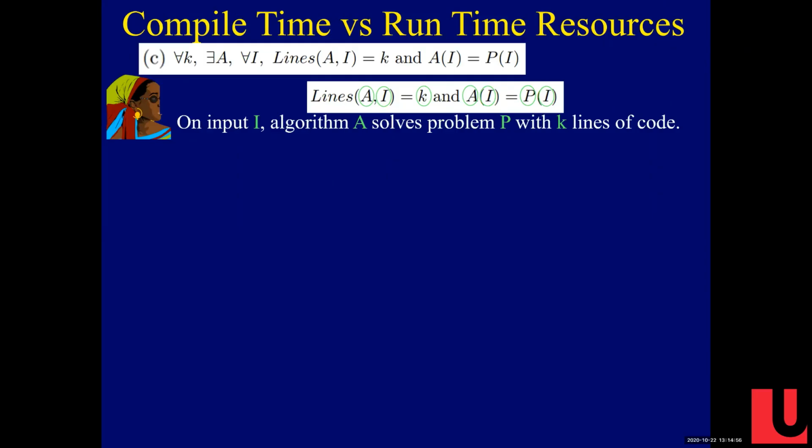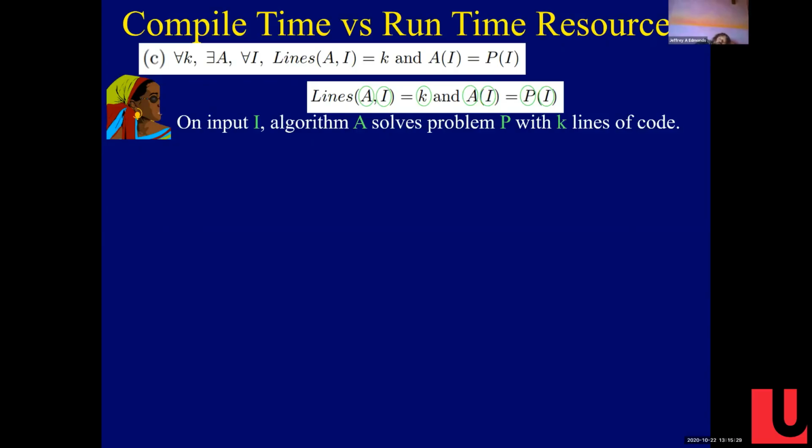Sorry. So just to make sure, last time, A of I equals P of I just means that an algorithm with the given input I will be able to solve the problem P with the same input I. Yeah. Right.